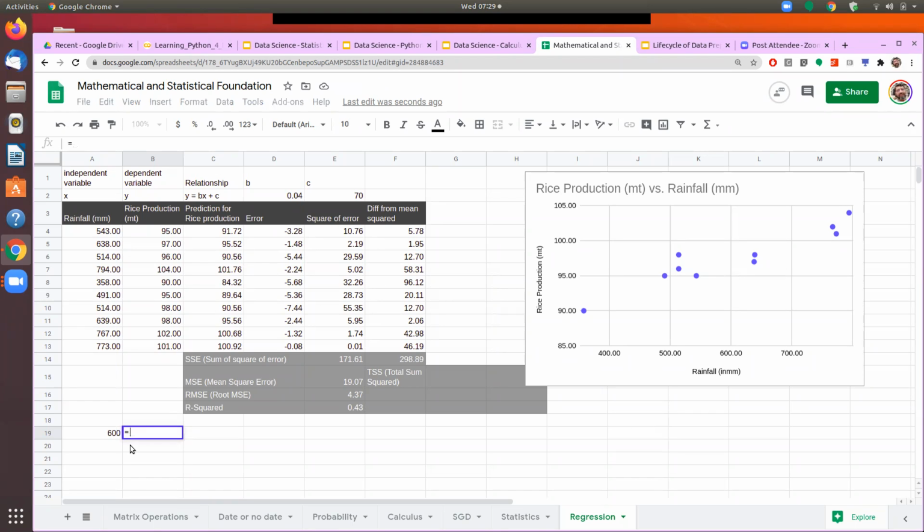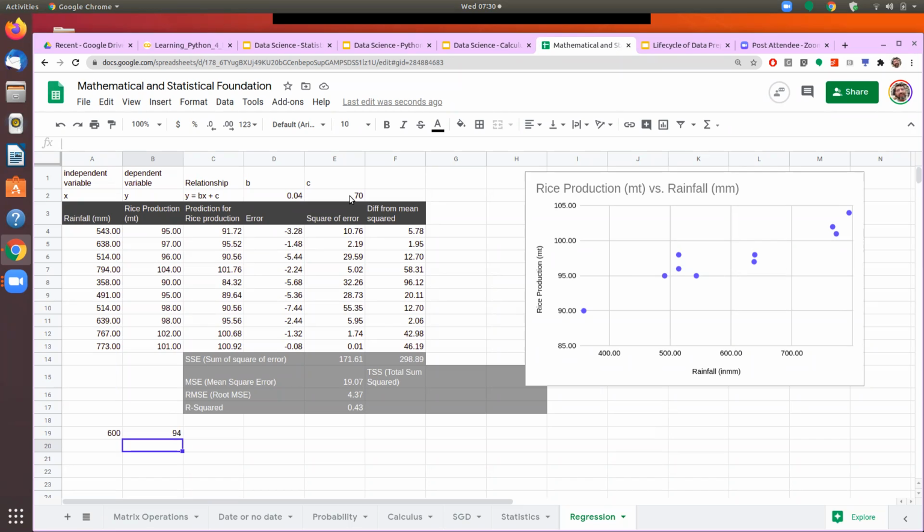So now if my estimation of b is 0.04, then it is 600 multiplied by whatever is our estimation of b plus whatever is our estimation of c. Then we can say with confidence that if the meteorology department is saying that this year the rainfall is likely to be 600 mm, then we can make a prediction and say that the most likely figure for rice production is 94 million tons.